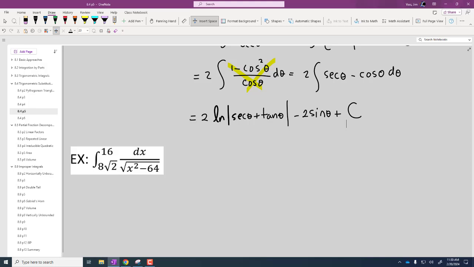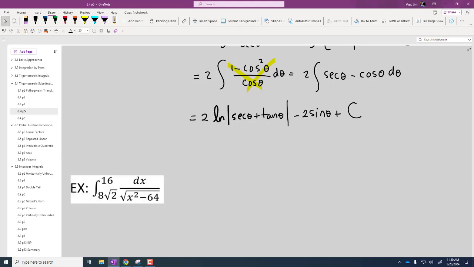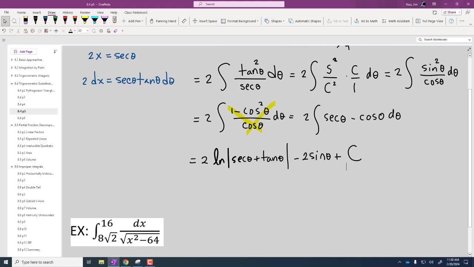We're almost there. We've got to create a magic triangle over here to finish off the problem. Secant of theta is 2x. This triangle goes back and forth between x and theta. It's a picture of the relationship between these two.